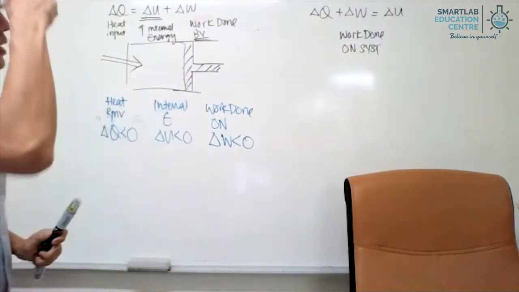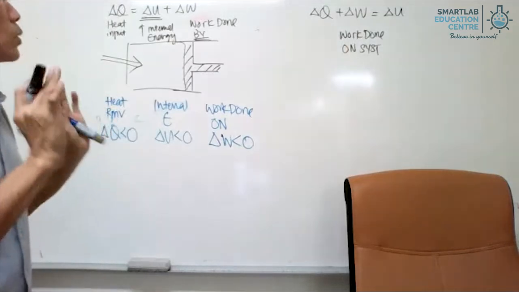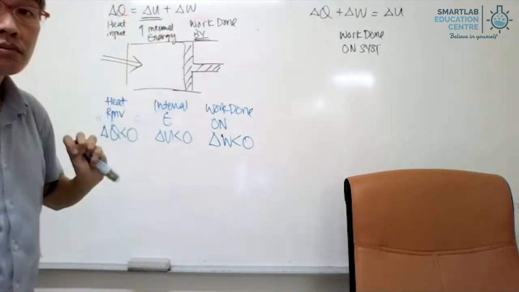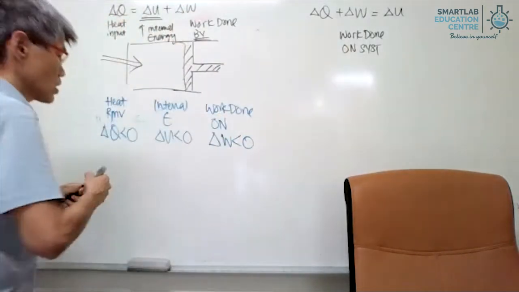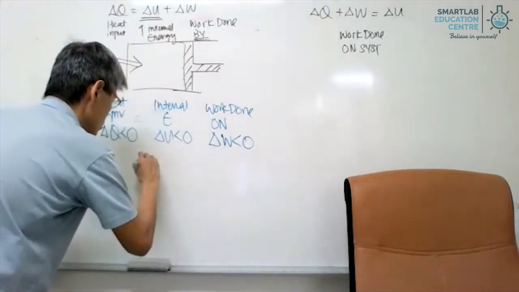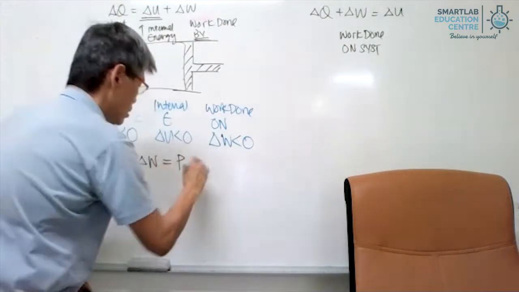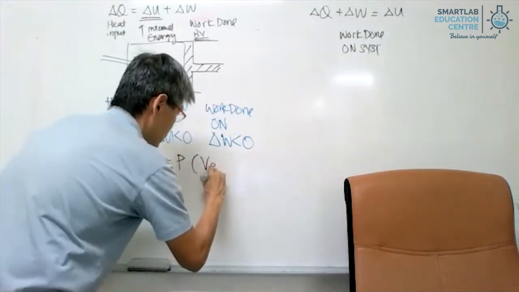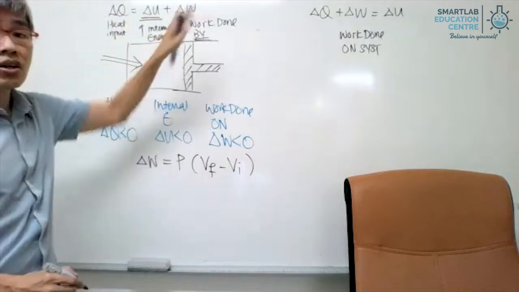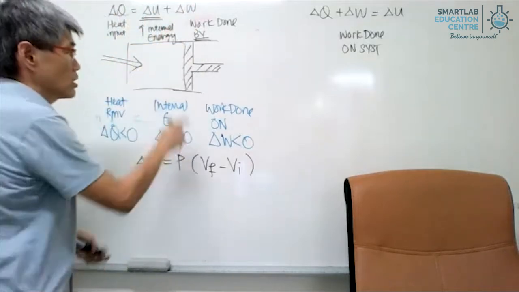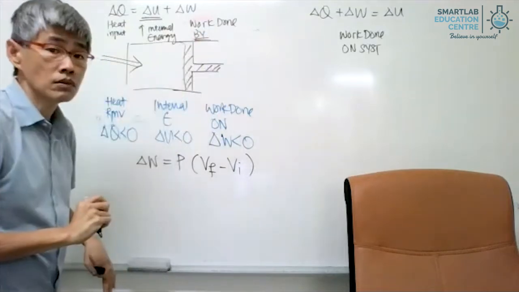Final part to add on is to explain why we prefer this convention, this expression, rather than using this for the exam. The reason is that when you are calculating your change in work done, typically you have a pressure, and you multiply by the final volume minus the initial volume. By selecting this convention, it is very clear-cut, because if the gas is expanding, then it's work done by the system.